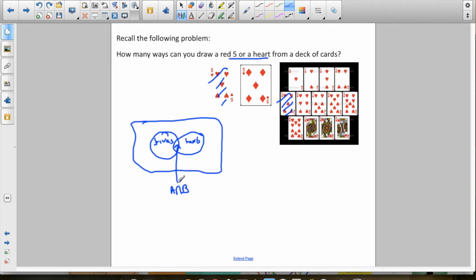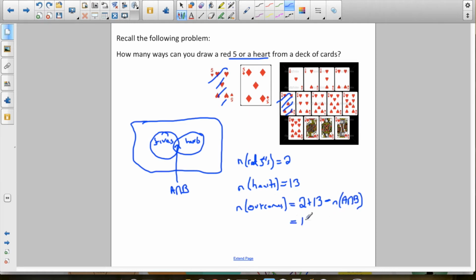So if I look at it as the number of red 5s, which we said are 2, and the number of hearts, which is 13, your total number of options or outcomes is going to be these two things minus the intersection of these two sets.